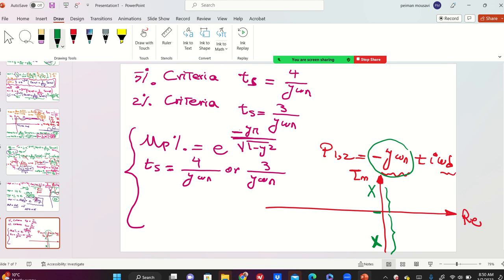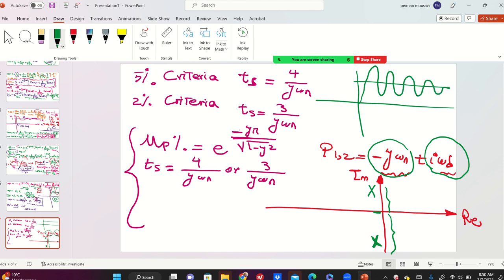Omega d. What does it mean, guys? What does it mean physically? What does this i stand for? Oscillation part, that's right. So it means that the system is going to be like this. If I tell you guys, this system is going to behave like this.